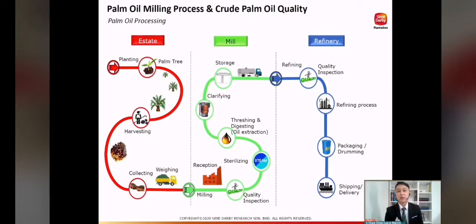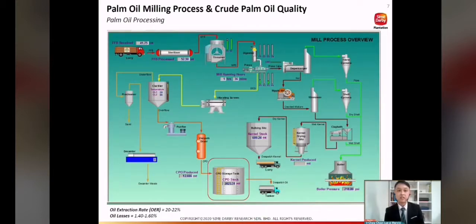Our focus here will be on the milling side. These are the typical palm oil milling process flows. At the end of the process, we have two main products, kernel and CPO. For these mitigations, we focus on the CPO that we produce from the palm oil mill.